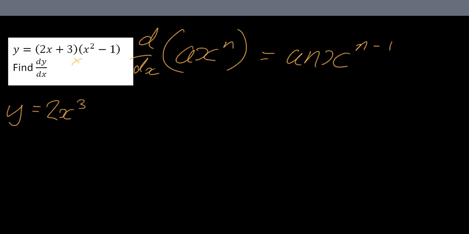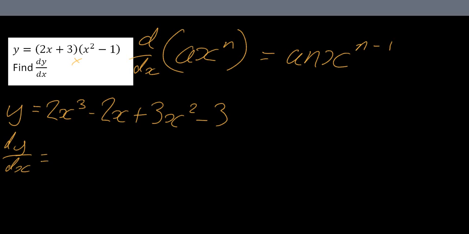2x times negative 1 minus 2x plus 3x squared minus 3. And so if you want to find the derivative with respect to x, then what we're going to end up with is, so 2x cubed is going to become 6x squared.